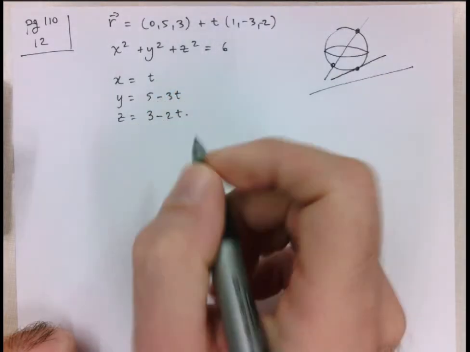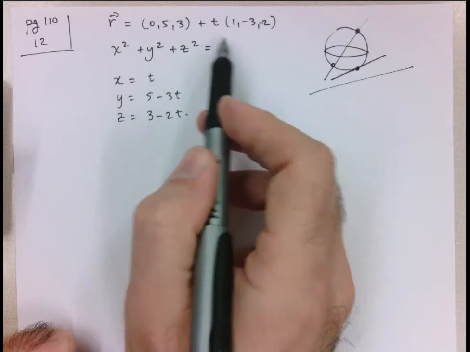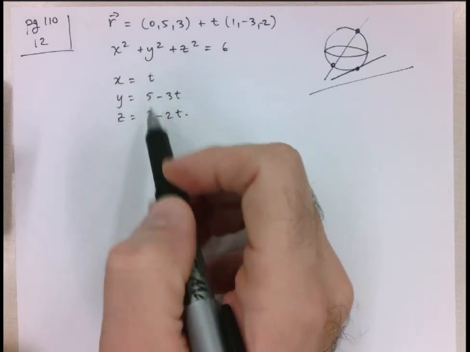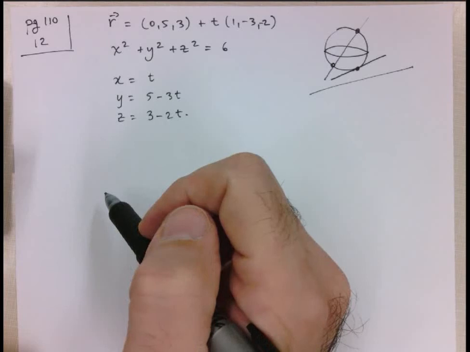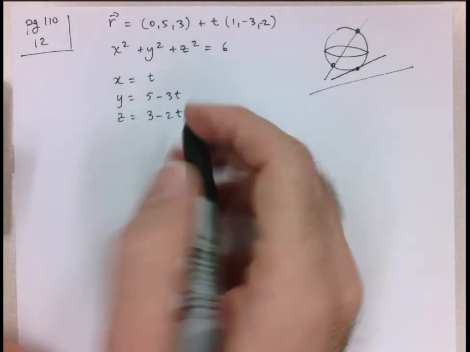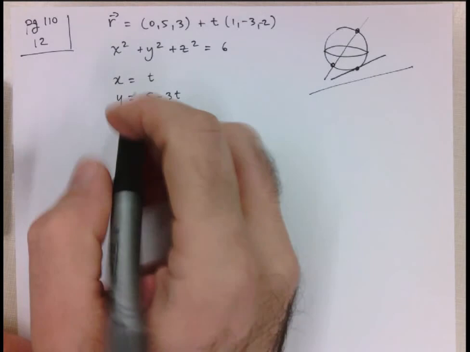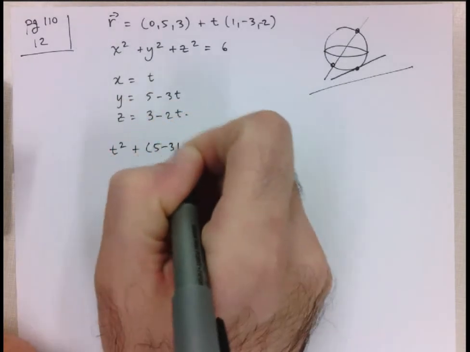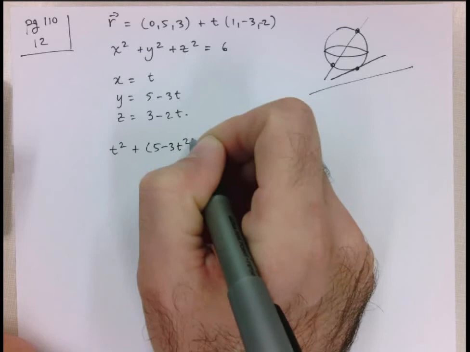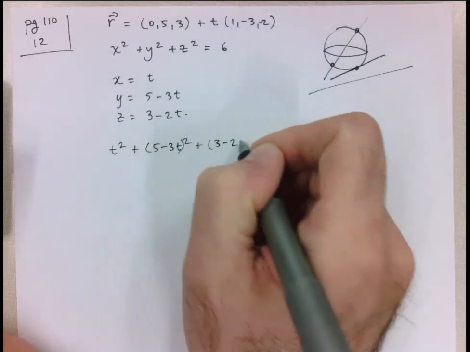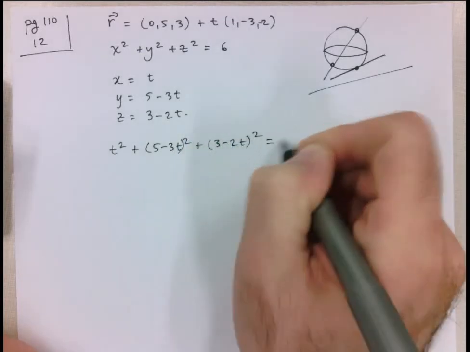And in the equation for the sphere, we can replace x, y, and z by these components, since the points we're looking for have to exist on both the line and the sphere. So we start with t squared, plus (5 minus 3t) squared, plus (3 minus 2t) squared, equals 6.